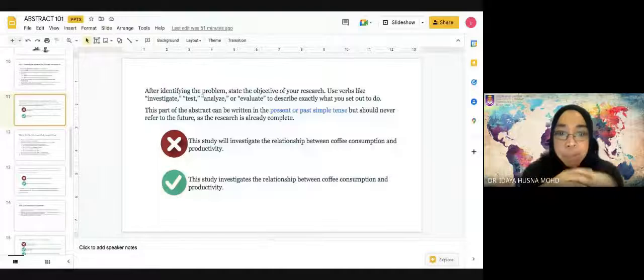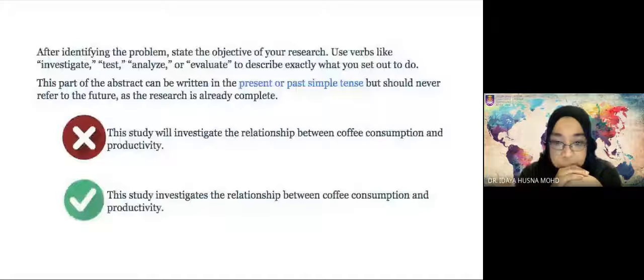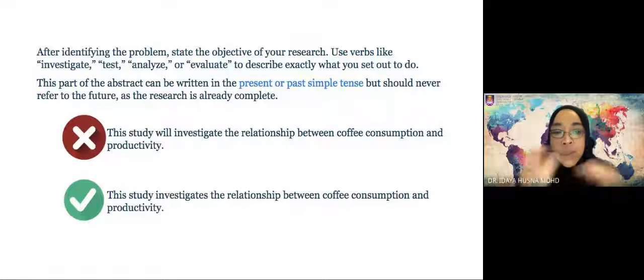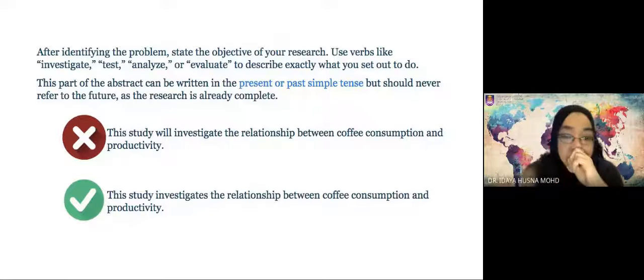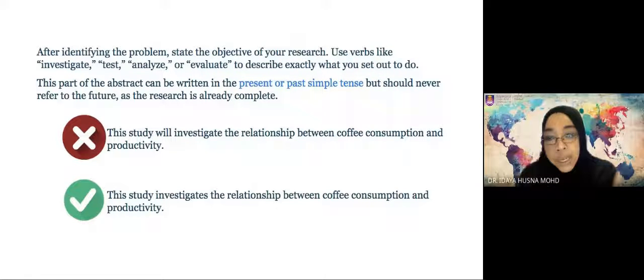Right, for the purpose, it should be present tense, or past simple tense. But it should never refer to the future, as the research is already complete. Like I said just now, your research is already complete, so you don't need to use the words "will investigate," because you have already done the investigation.